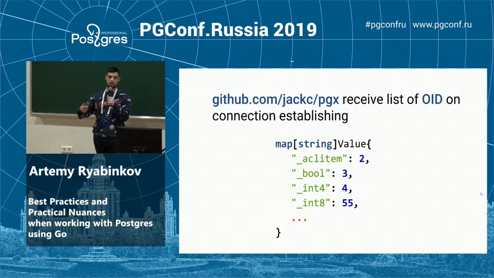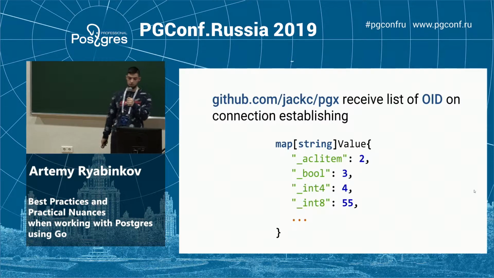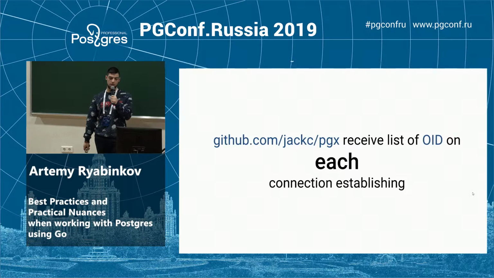And it uses the dictionary, and when necessary, it can transfer data into the necessary primitives. To form this list, for each connection establishment, it makes a query to the database, even 3 such queries, to get the list of object IDs.